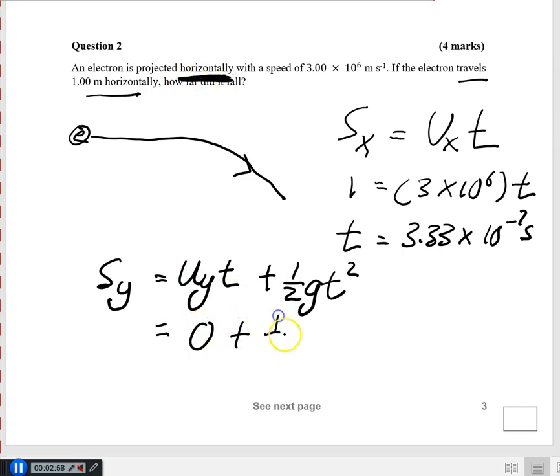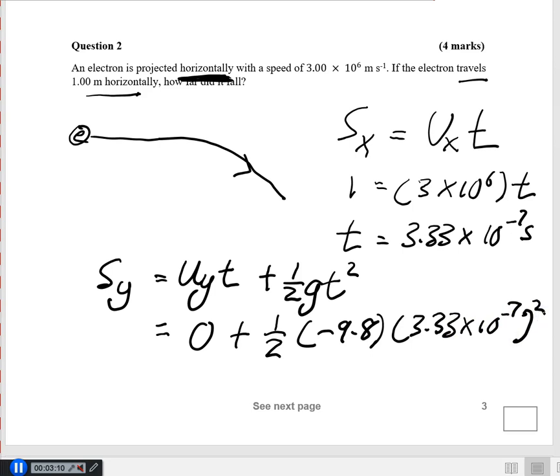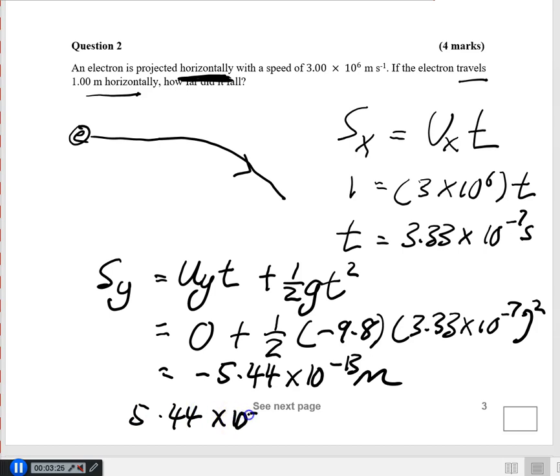And for the last term, g is minus 9.8, and you have to plug in the time, 3.33 times 10 to the minus 7, squared. So the answer here is negative 5.44 times 10 to the power minus 13 meter. Preferably, you can write that it will drop 5.44 times 10 to the minus 13 meter below. So this is the answer.